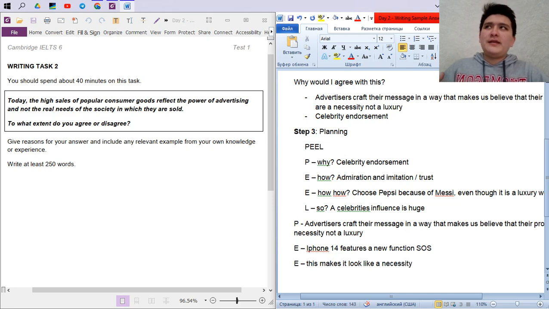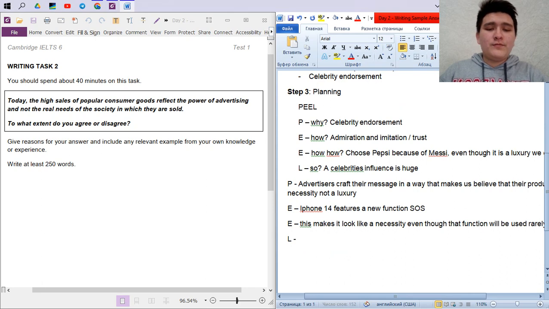We will be led to think that the iPhone 14 is necessary because there might be emergencies. You never know. When in reality, those things only happen quite rarely. So this makes it look like a necessity, even though that function will be used rarely.